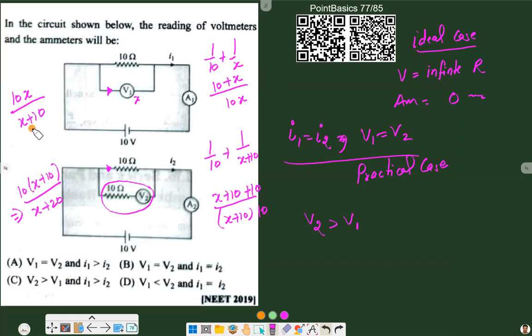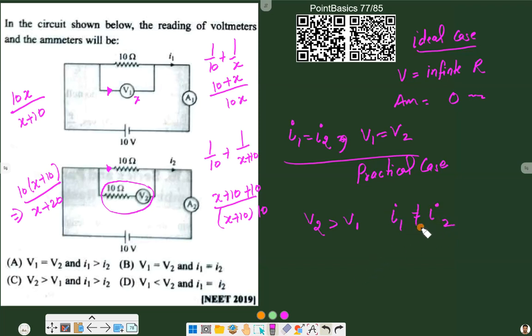x plus 10. Now it's not easy to compare whether these will be equal or not, or we can say we assume that these are not equal as the expressions of both of them are different. So as they are not equal, their currents will also be different, and at least we can say I1 is not equal to I2 in the practical case.